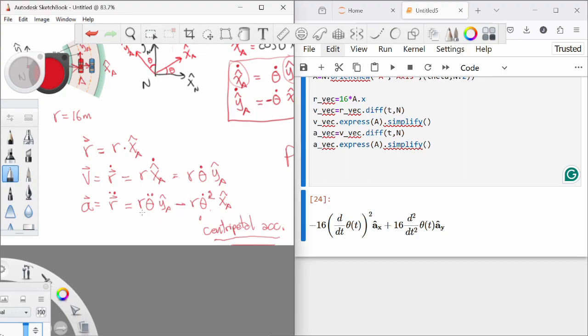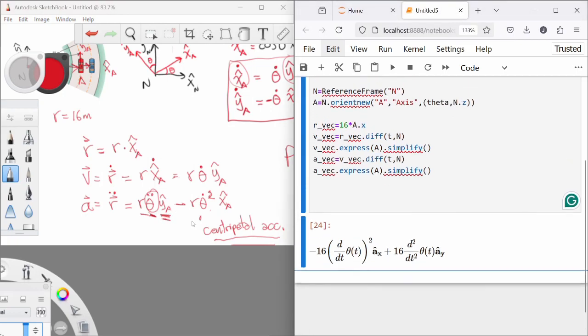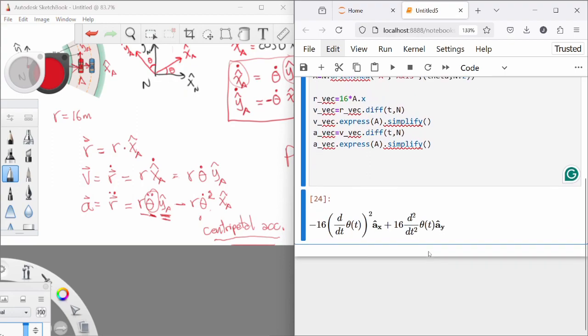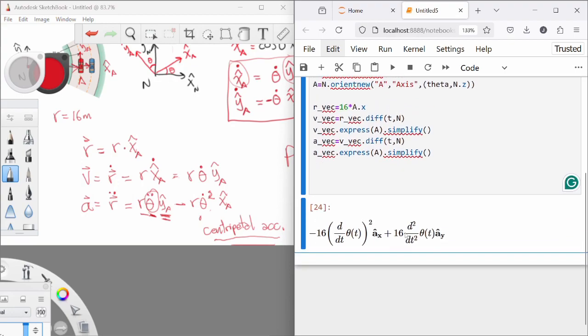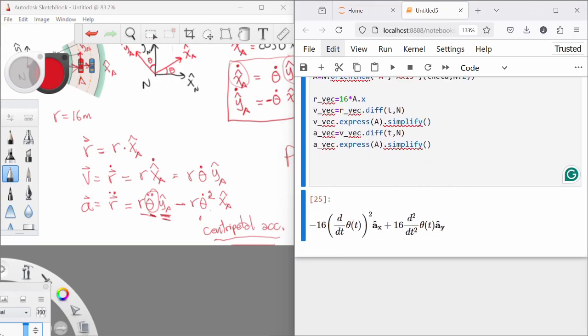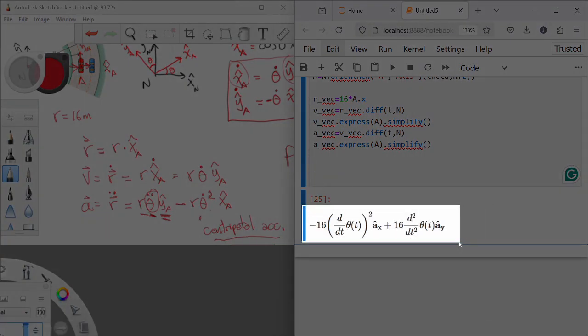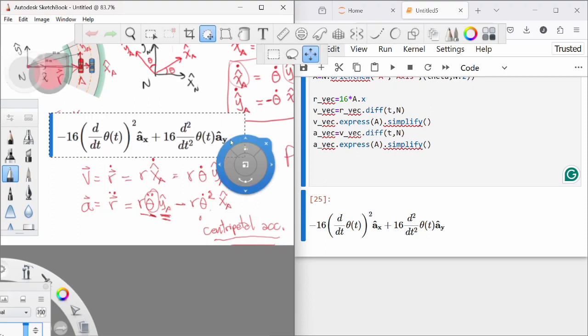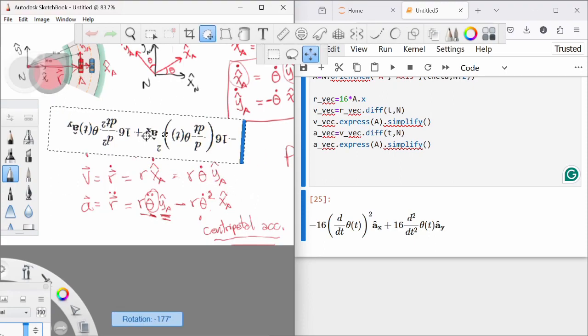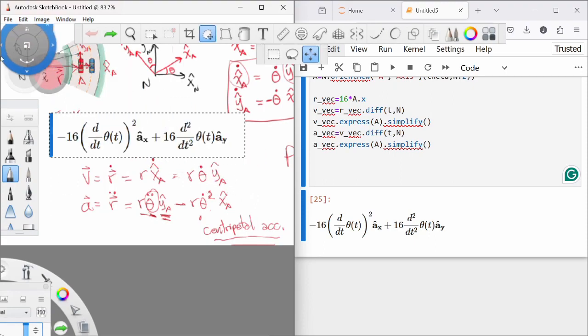One term is r theta double dot in the y-axis. That will be the second term in this equation here, this expression. I will copy the expression for acceleration here so that we can compare the two terms.